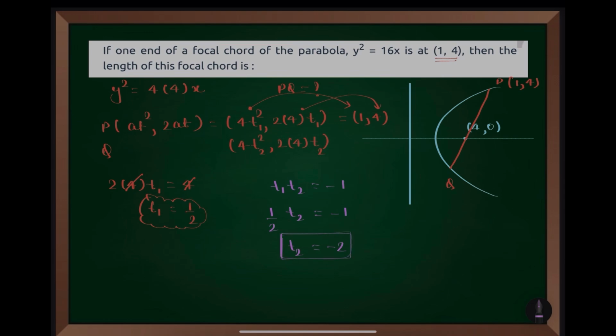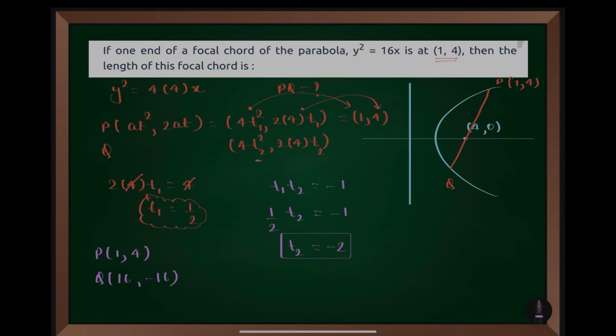Okay, now update your P and Q. So you know that P is already given 1 comma 4. Now go with Q. So the parametric coordinate is minus 2. So substitute minus 2 over here. It will become 4, so 4 4s are 16. Now it will become minus of 16.